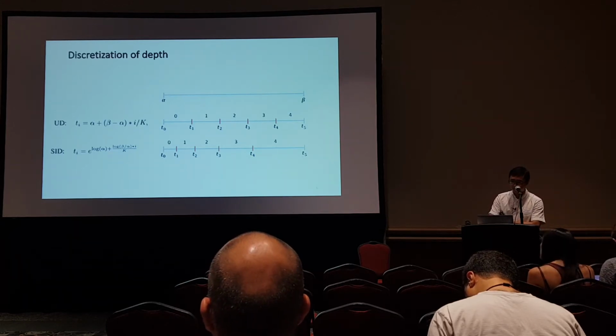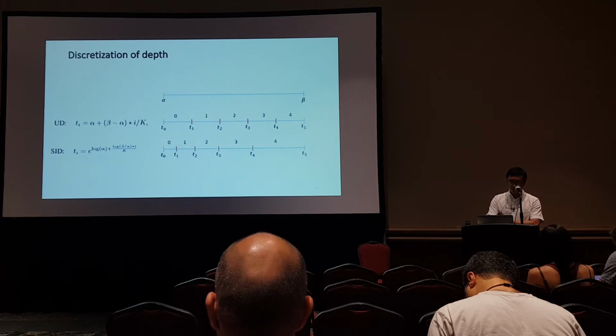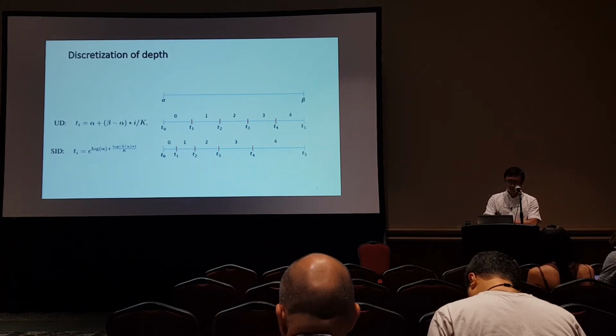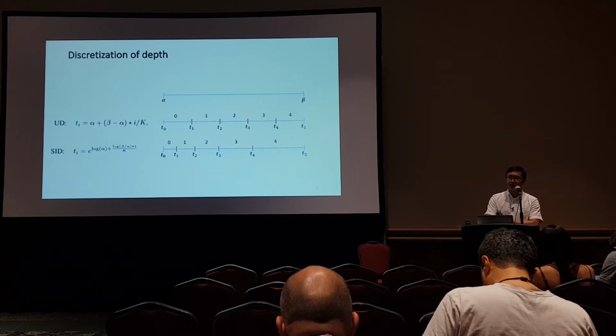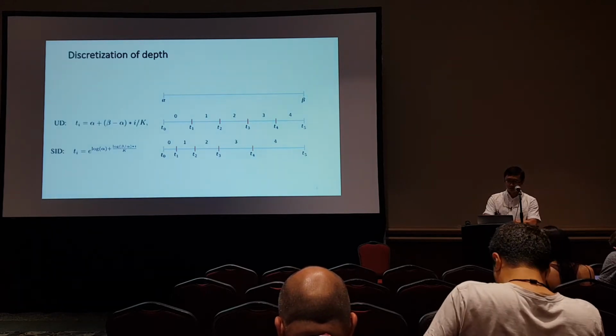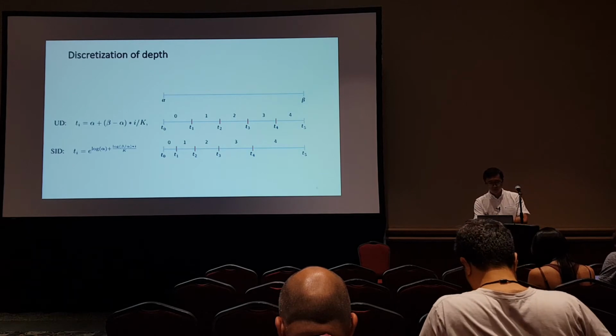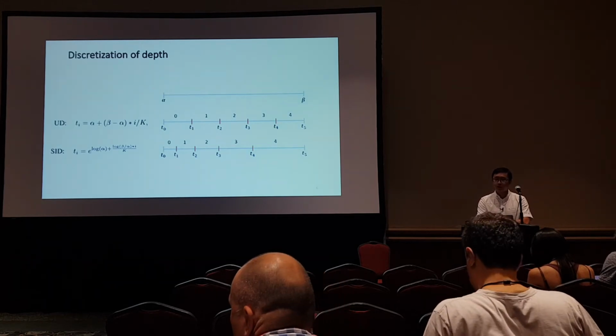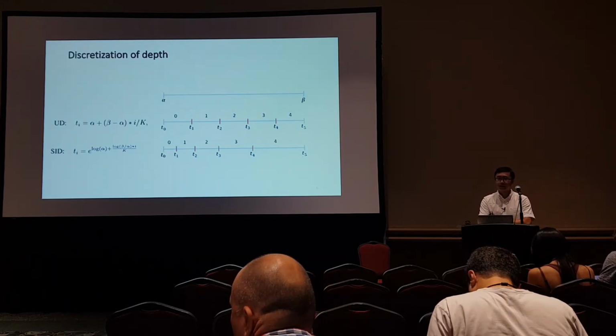To account for this issue, we propose a spacing-increasing discretization method, which does uniform discretization in the log space. In this way, we can allow larger quantization areas for larger depth values.